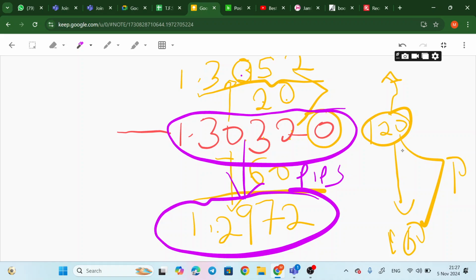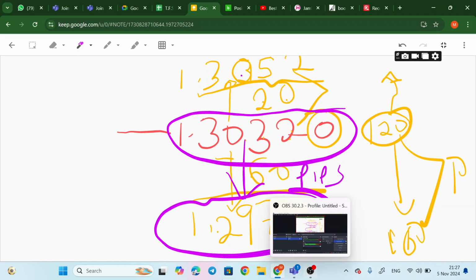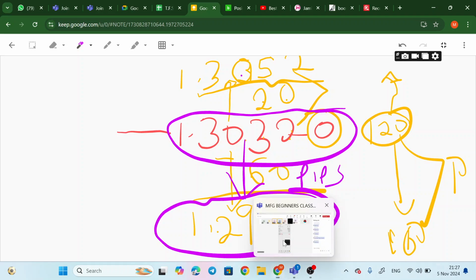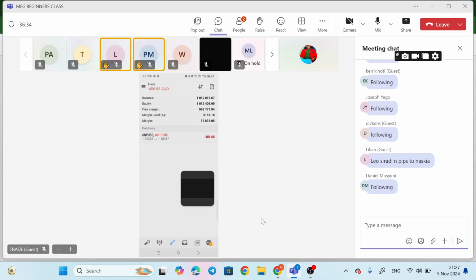I will go back now to my trade. Remember the open position. I will go back to my open position on the MT4. You see that trade. When I touch that trade, the SL is dash.